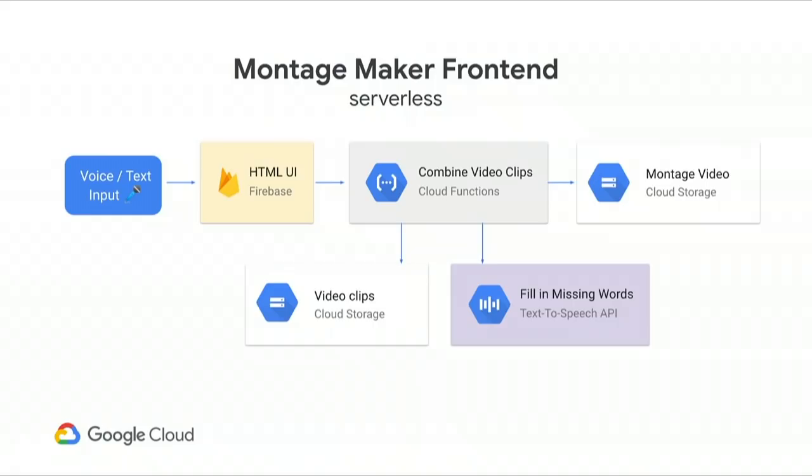That cloud function takes a text string and checks if those clips exist in Cloud Storage. If they do, it combines them. If it doesn't, it fills in the missing words with the Text-to-Speech API, which is what you saw with the cloud platform logo in the previous demo.